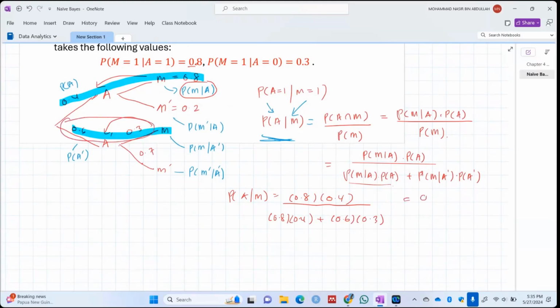So this should be equal to 0.64. Since we learned in logistic regression, if the cut point of probability is 0.5, when the probability is less than 0.5 we classify as 0, and if it is more than 0.5 we classify as 1. So in this case, 0.64 means that Alex will highly likely go to the party, given that Martha is also going. Okay?